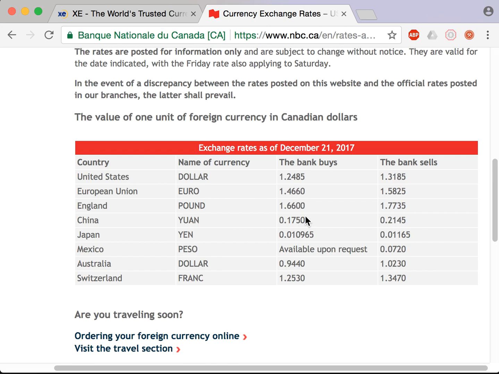And sometimes you'll notice that the spread may be bigger. So let's look at an example, such as Switzerland. Roughly the same value as the United States, so like 1.25 roughly each, but here 1.34. So a bigger spread. Why a bigger spread?